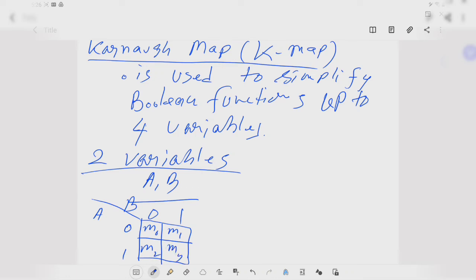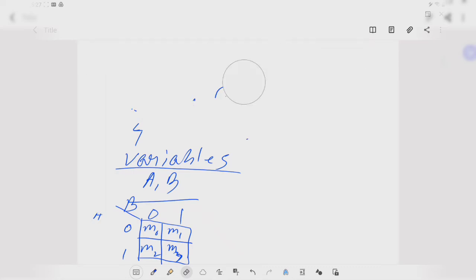So that's the K-map for 2 variables. Now we want to see the K-map for 3 variables and also for 4 variables, and then we'll see how to simplify functions by using K-maps. So let's see it for 3 variables.